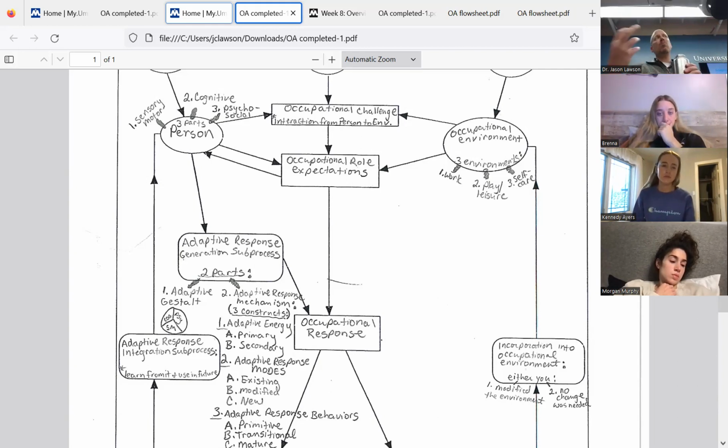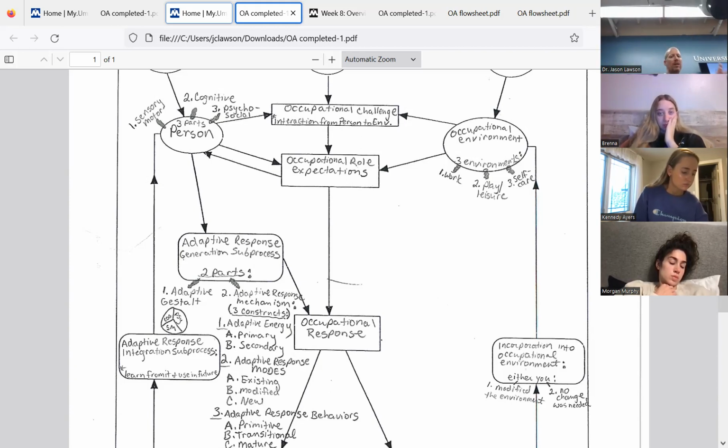Every time we do an occupation, that adaptive gestalt looks different. It's dependent on how much sensory motor we're using compared to the other things. That's why it looks like a little circle with a peace symbol. It represents that gestalt is going to look different based on what occupation we're doing.